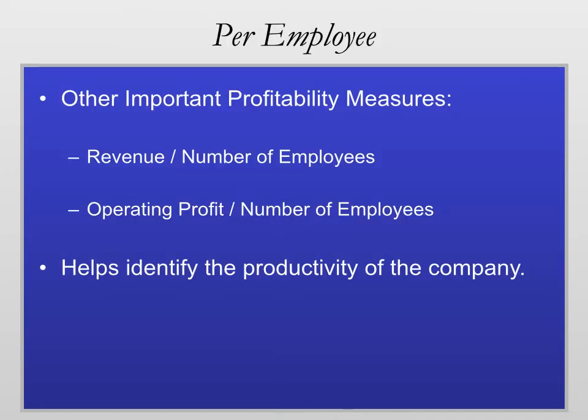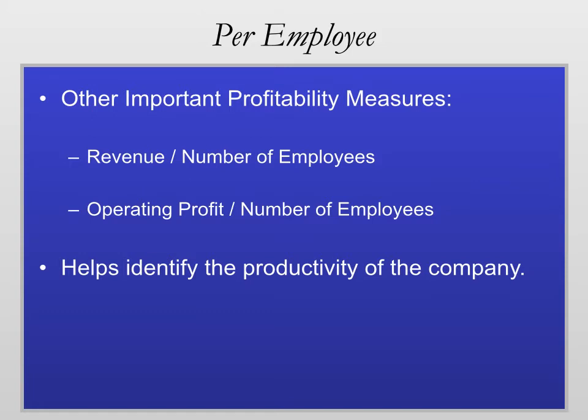Now, other things that people use in relation to asset efficiency are some other ratios that are common in a lot of industries, especially in the high-tech industry. Just be aware that people will use ratios not just of sales divided by total assets, but may also use revenue or sales divided by the number of employees in the company. Or if they feel confident or have access to the profit number, like operating profit, earnings before interest and taxes, or net income, they'll divide that by the number of employees.